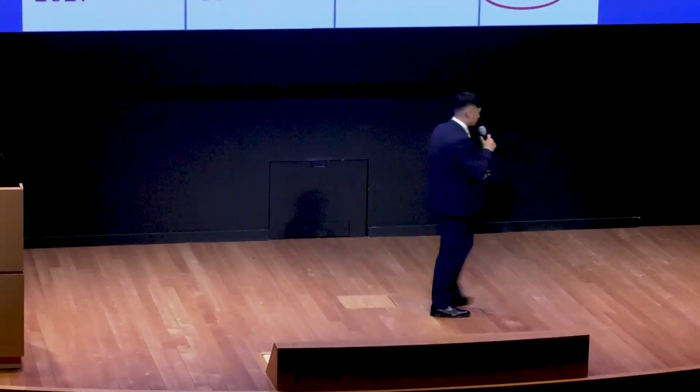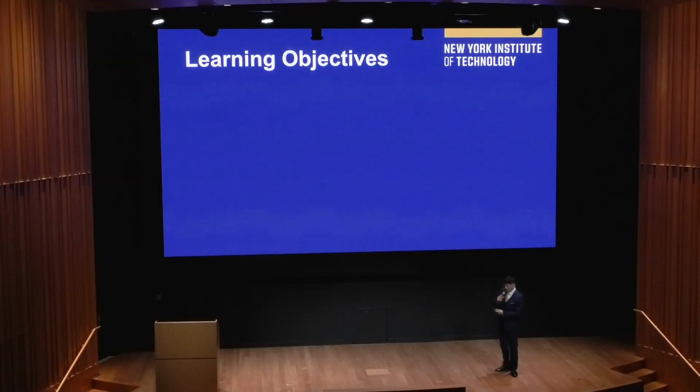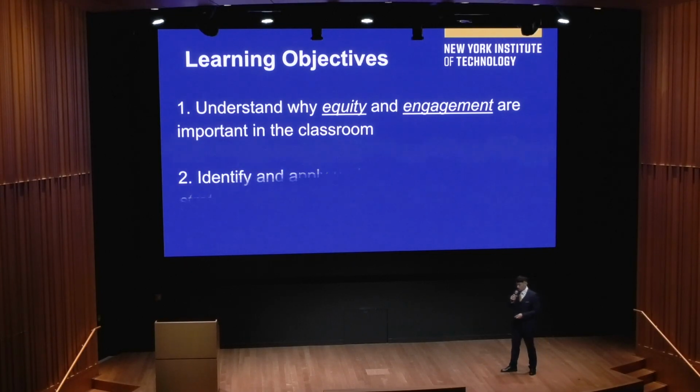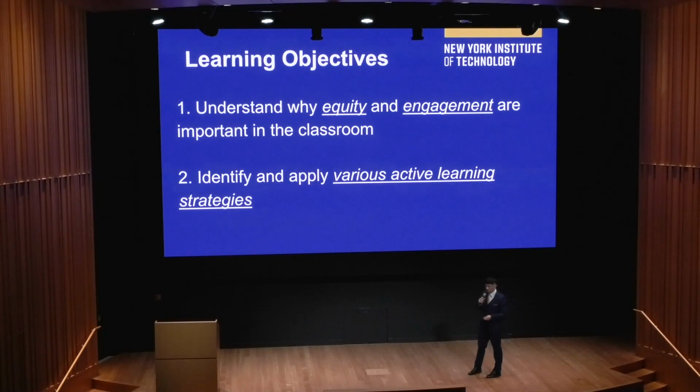So let's circle back, set the stage, and talk about our learning objectives, because we are talking about student engagement. And I want you all to be able to understand why equity and engagement are important in the classroom, but also be able to identify and apply various active learning strategies to keep that engagement high.